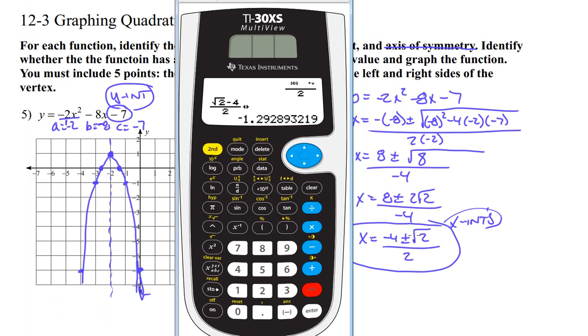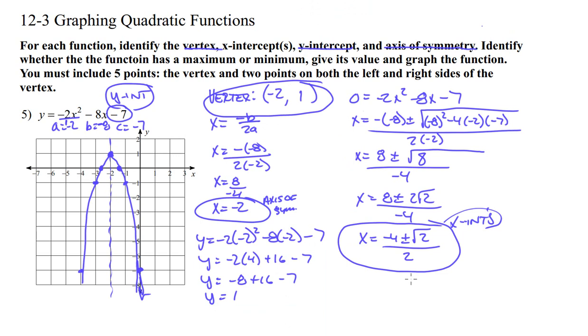And then if we go negative 4 minus the square root of 2, divide by 2, and turn it into a decimal, negative 2.7. There's our negative 2.7. So I'm feeling pretty good that those are correct.